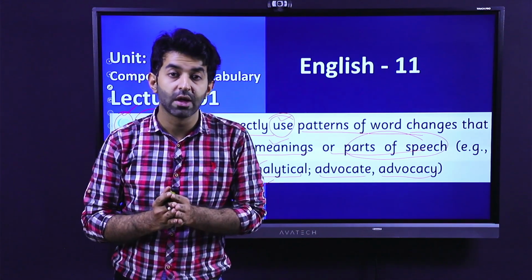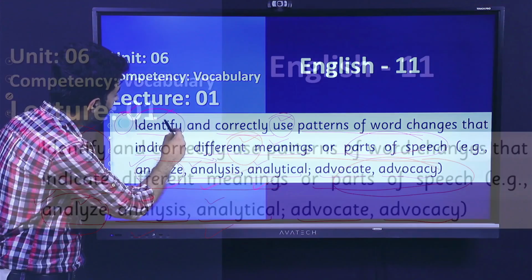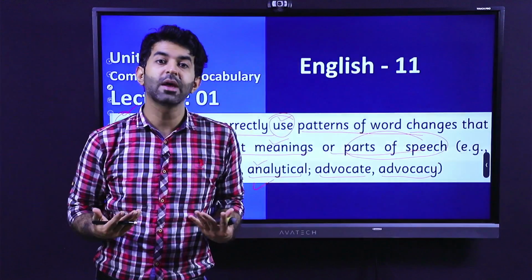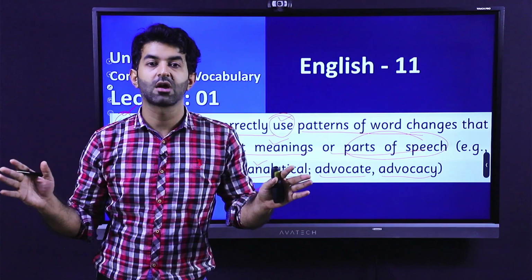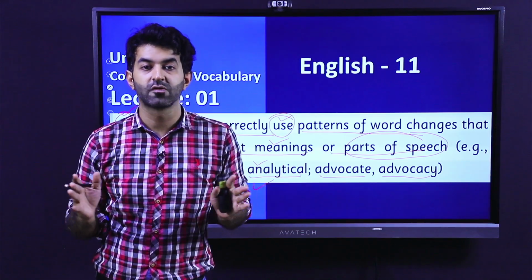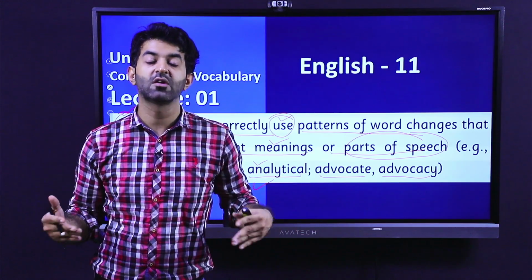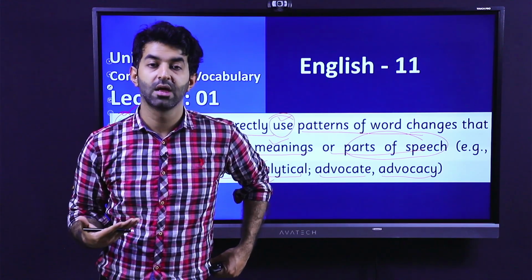Let's talk about the action word over here, the verb identify. We need to develop an ability to identify these word changes when we are coming across any kind of text, when we are analyzing different words of the English language, when we are learning our vocabulary, when we are increasing our word bank in the memory.